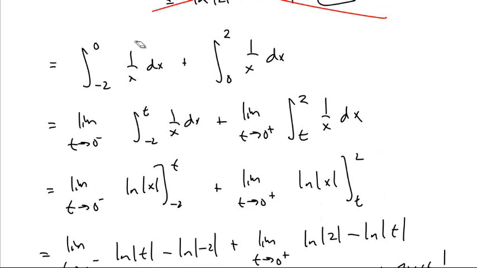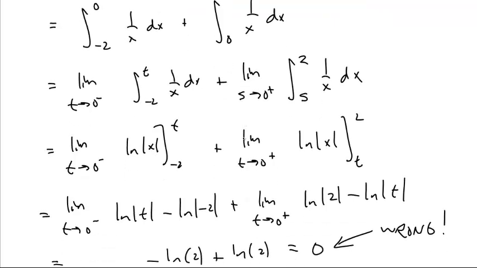In this particular integral, the 0 is bad, so you replace it with a t, and you have t approach 0 from the left, great. When you say that this other integral is bad and this 0 is bad, so you replace it with a t, t is already used. You need to use a different variable. You need to call this s, as s goes to 0 from the right.